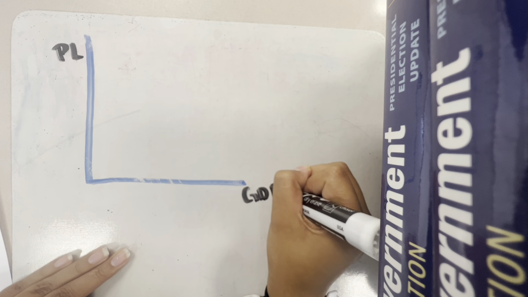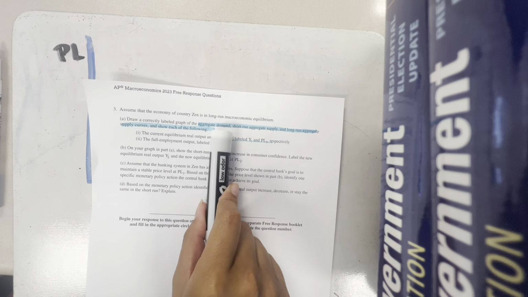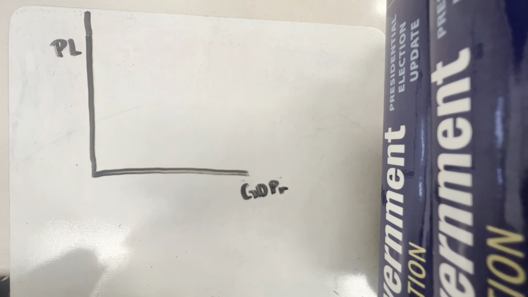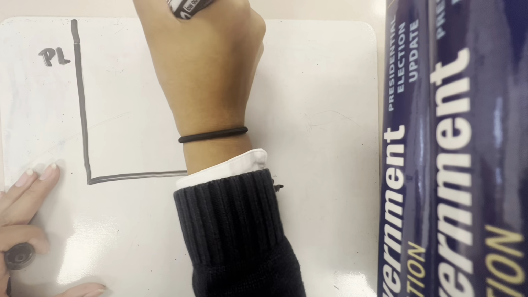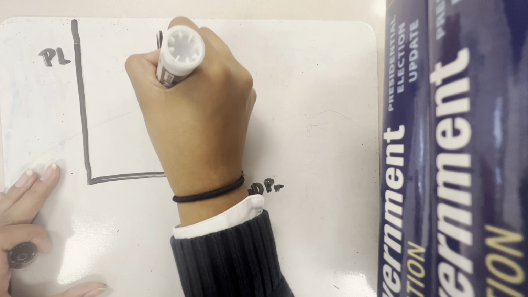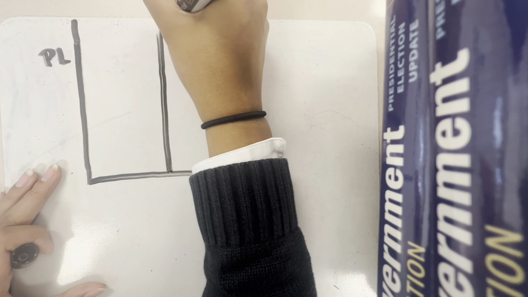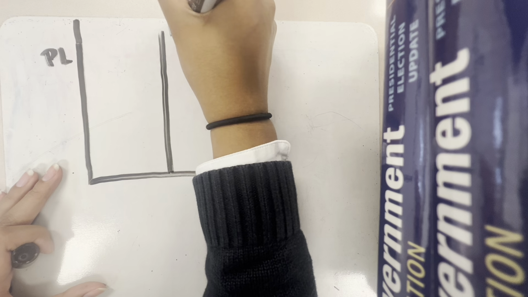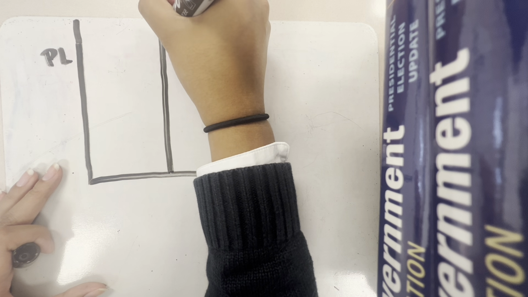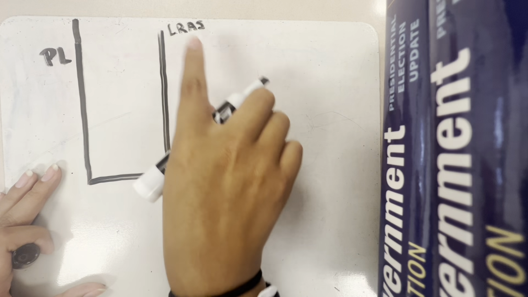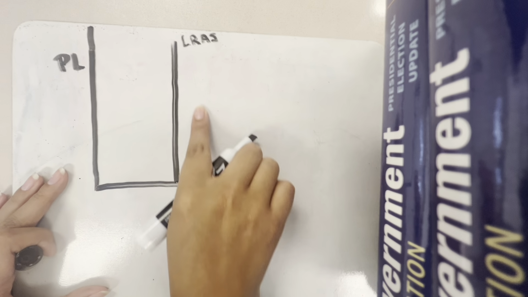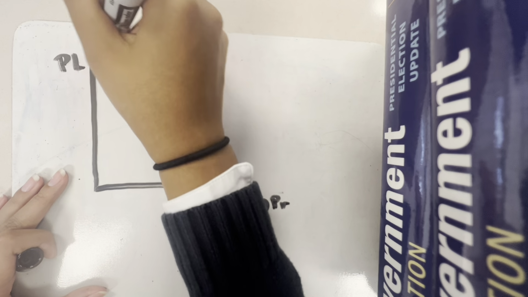So we're going to name the y-axis PL and the x-axis real GDP because we're looking for the aggregate demand and short-run aggregate supply. So this long line in the middle will be the long-run aggregate supply, which will be our equilibrium, as you can see me pointing straight.